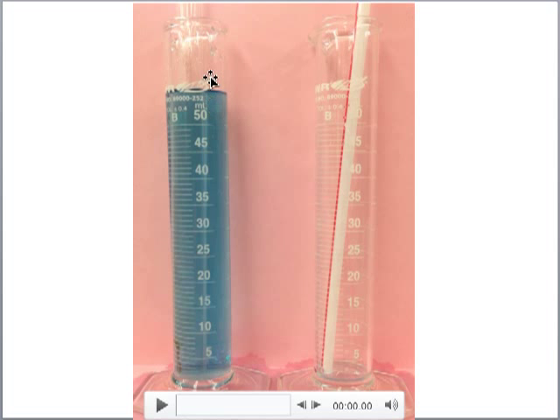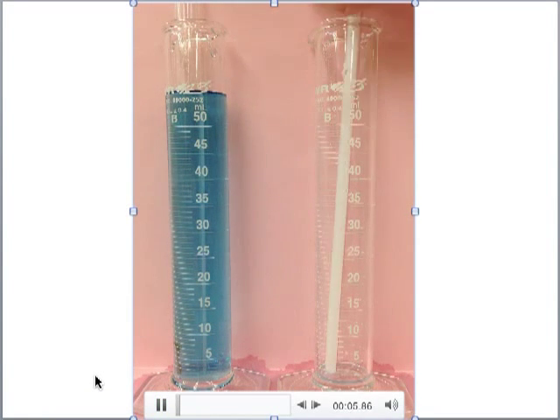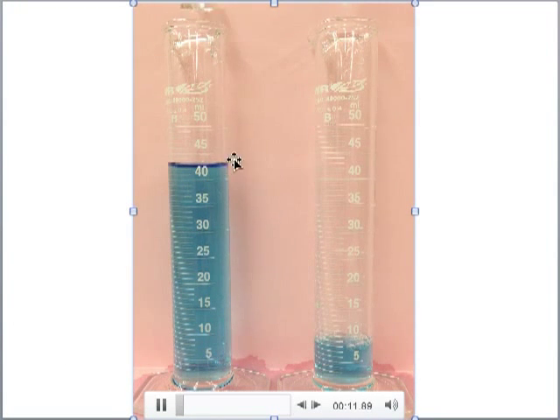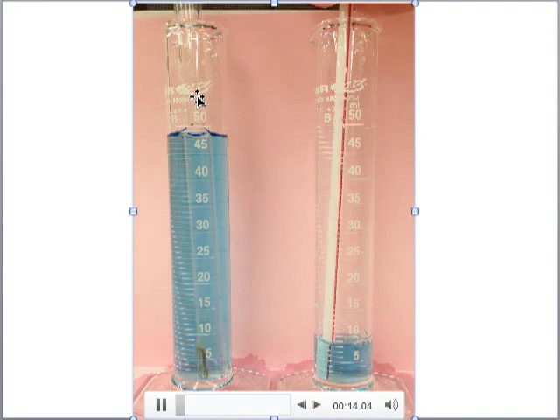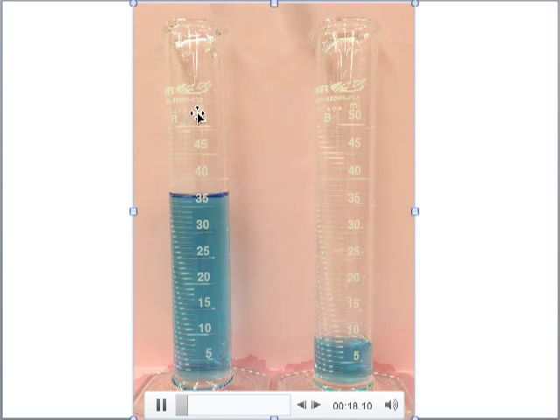Here's another one. In this one I have a very fat straw right here, it's actually glass, and in this one I have a skinny straw. Can I still reach an equilibrium state? Oh yeah, my volume over here you might have noticed was above 50, but that's only because my glass straw is so large it took up some volume and raised the blue up to here somewhere.